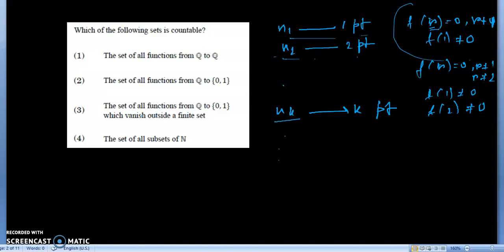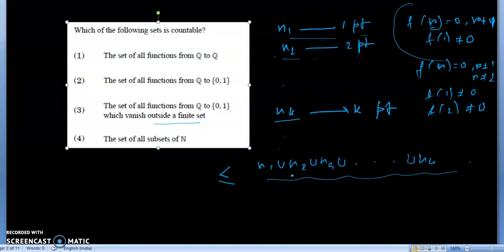So easily you can say that the set of all functions from Q to {0, 1} which vanish outside a finite set is contained in N1 union N2 union N3 union dot dot dot N_k and so on. Basically this is a countable collection of countable sets N1, N2, N3, N4, N_k and so on.